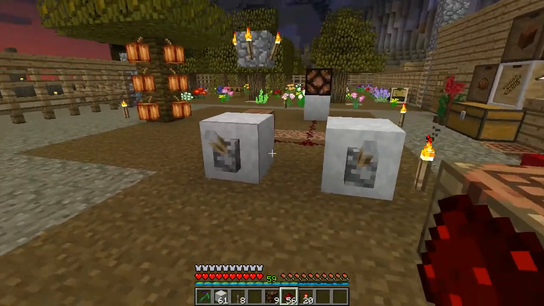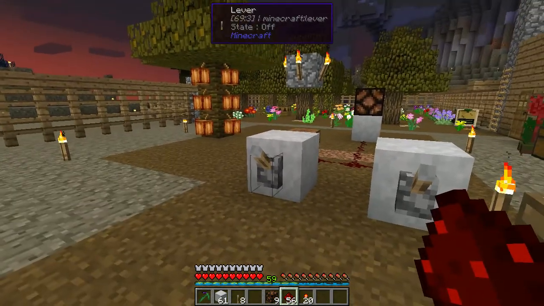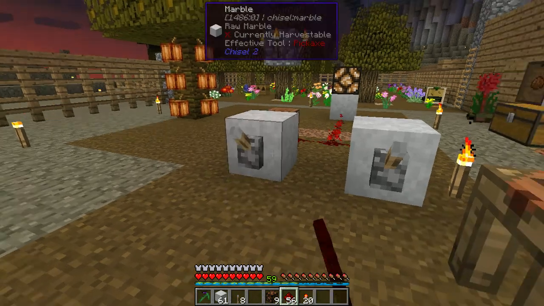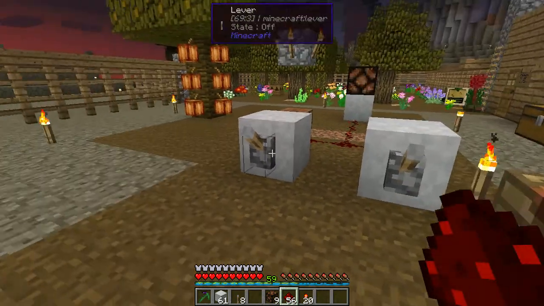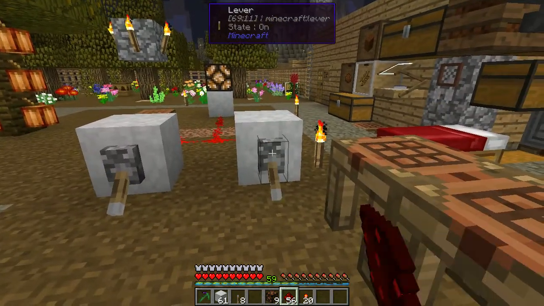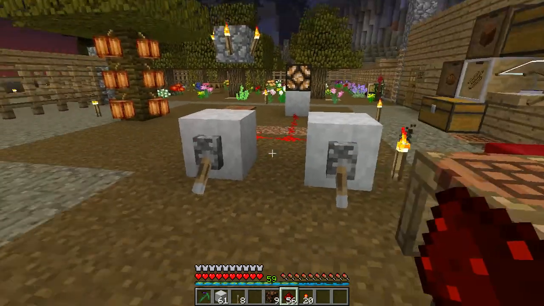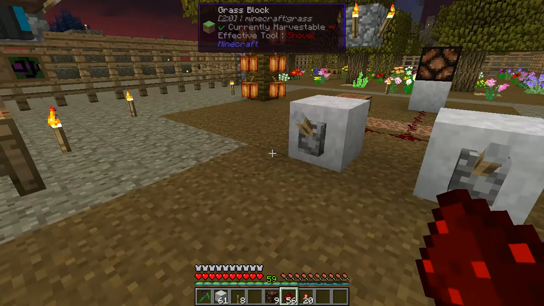So now, if they're both off, it's off. If one of them's on, it's on, as you can see. And if both of them are on, it's on, so it's this or that or both. But if both are off, it's off.